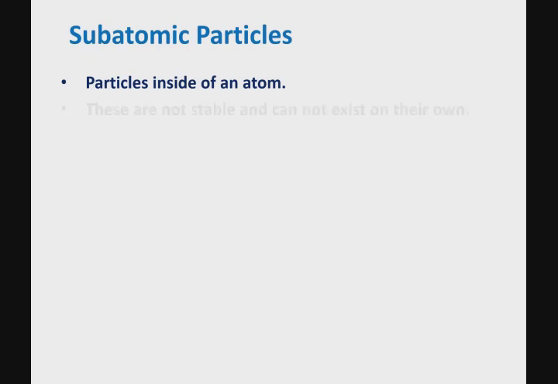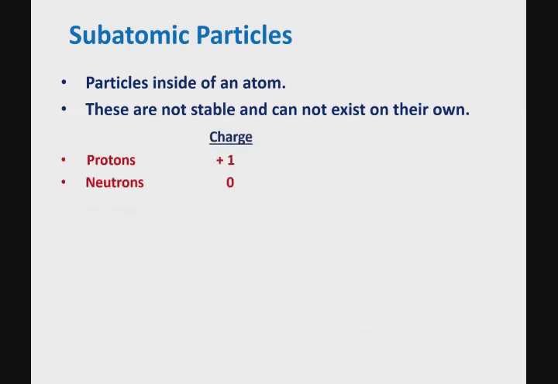So the subatomic particles are the particles that are present inside of the atom. There are, of course, several subatomic particles. These subatomic particles are not stable enough to exist on their own. The only way these subatomic particles can exist is with each other in a certain combination that makes them stable. And that is what makes an element: a very specific arrangement of these subatomic particles. There are several different kinds of subatomic particles. We will only focus on three: protons, neutrons, and electrons.